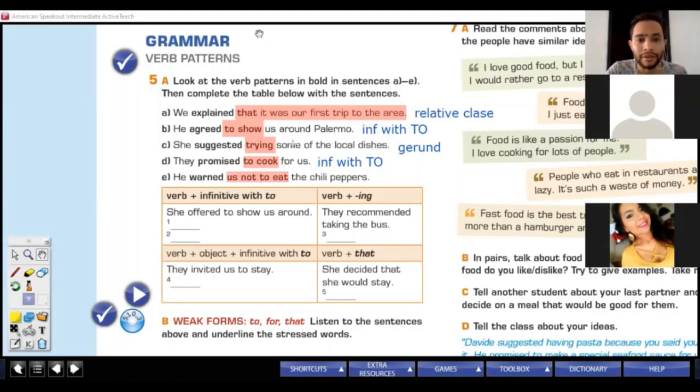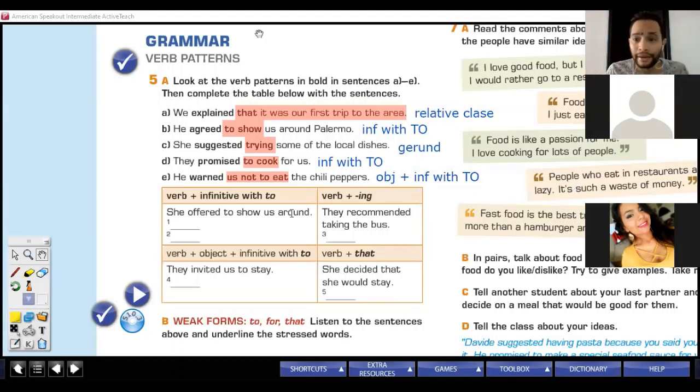First, we have an object, right? As you know, an object can be the person or the thing that receives the action, in this case, the action of warning, right? Warning, the action of warning. And plus, let me write it down here, plus what? Plus the infinitive with to, right?